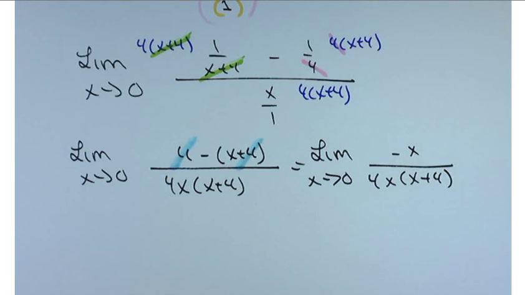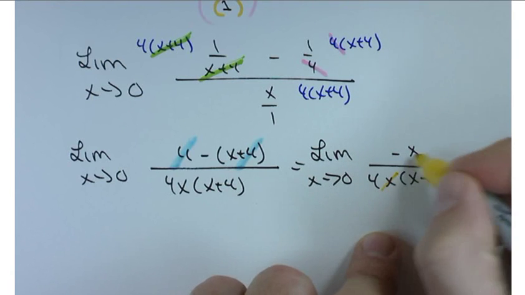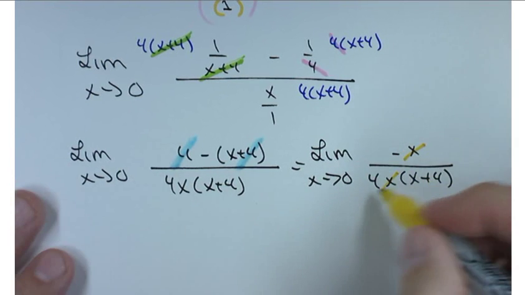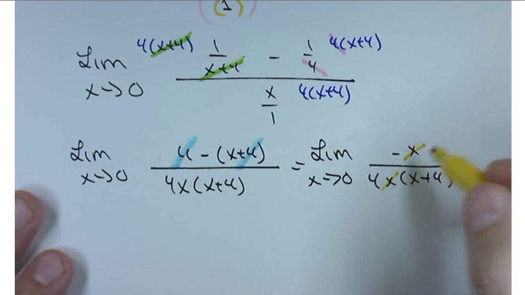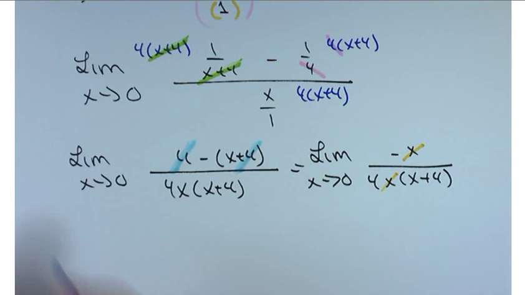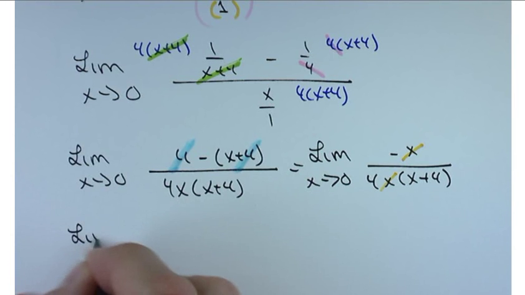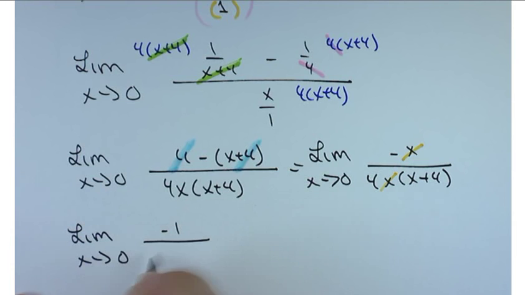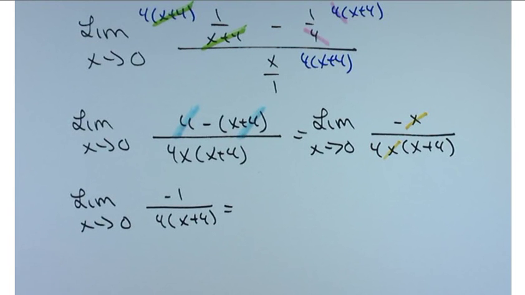That's because we have this term here with a factor with a root at 0 in the denominator and in the numerator. But if you cancel that, we're going to get the limit as x approaches 0 of negative 1 over 4 times x plus 4. What's that limit?